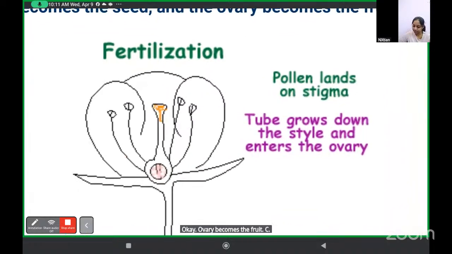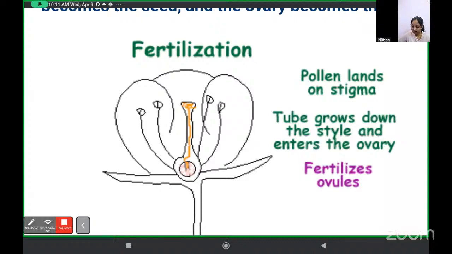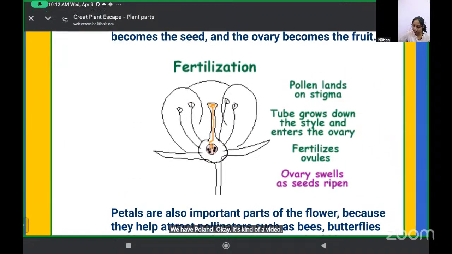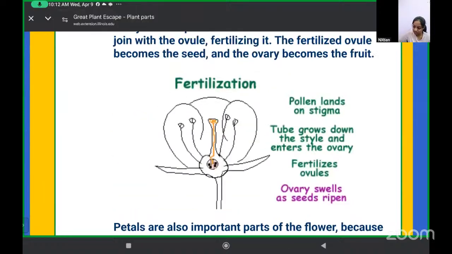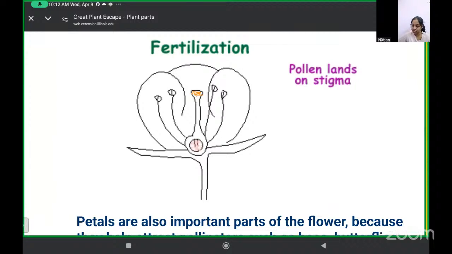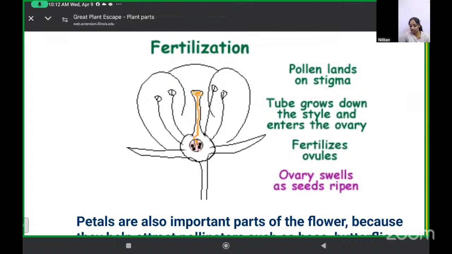See, we have pollen. Pollen lands on the stigma from the anther.